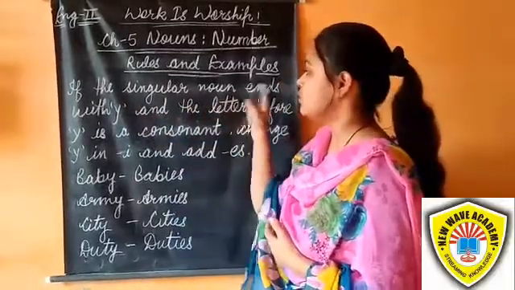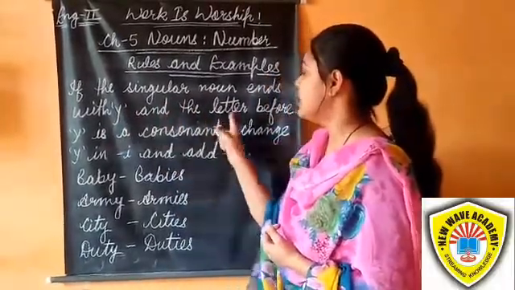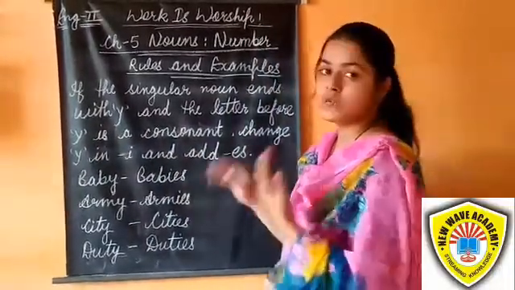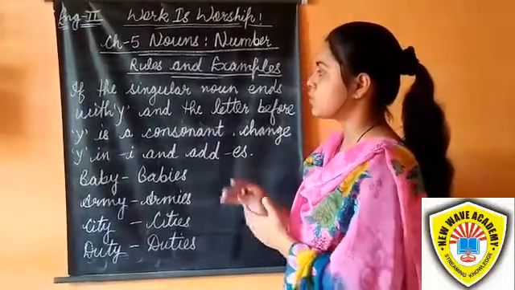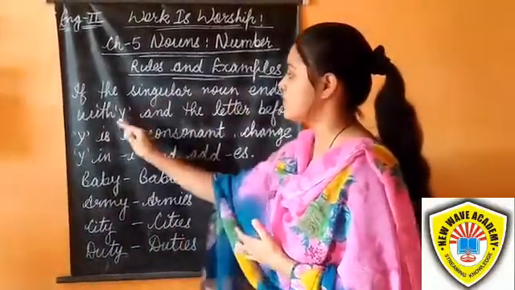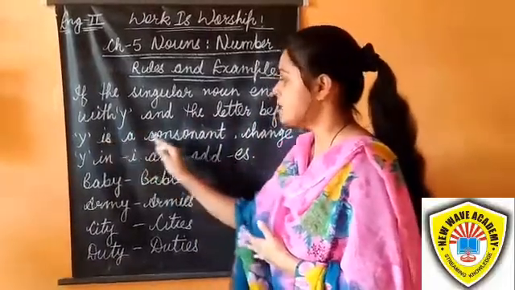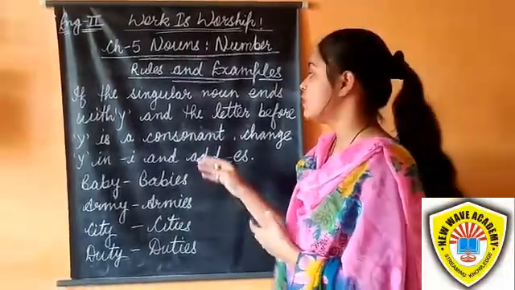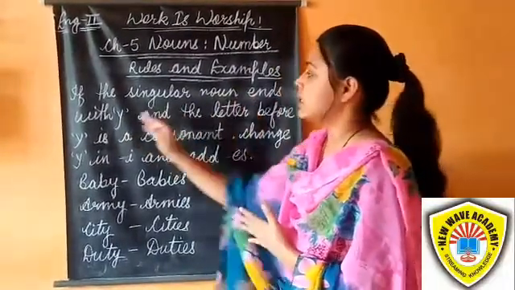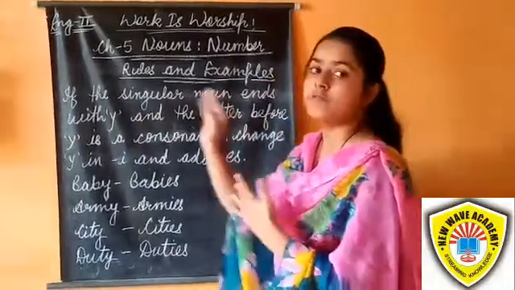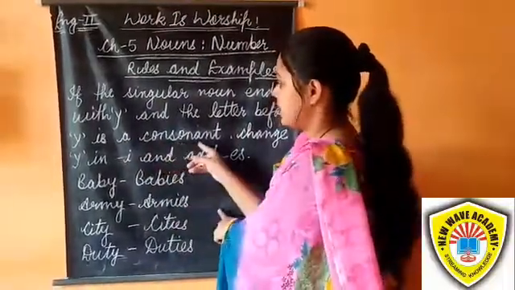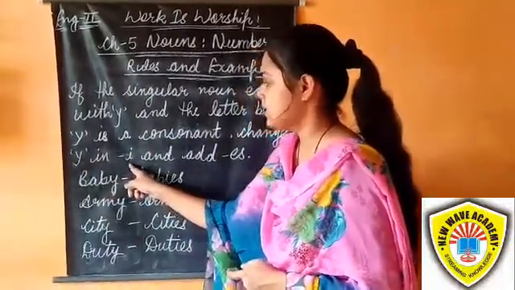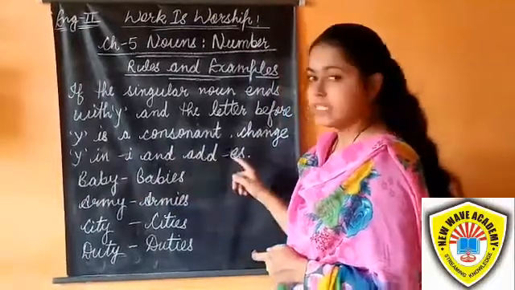Students, if the singular noun ends with y and the letter before y is a consonant. Before this, I told you the other rule that if the singular noun ends with y and the letter before y is a vowel, then we will add only s. But in this rule, when the ending letter is y and the letter before y is a consonant, change y into i and add es.